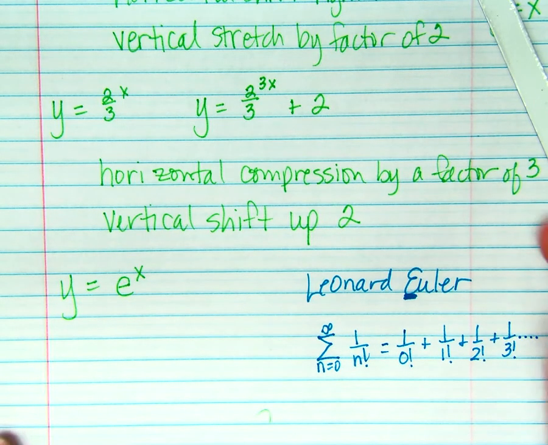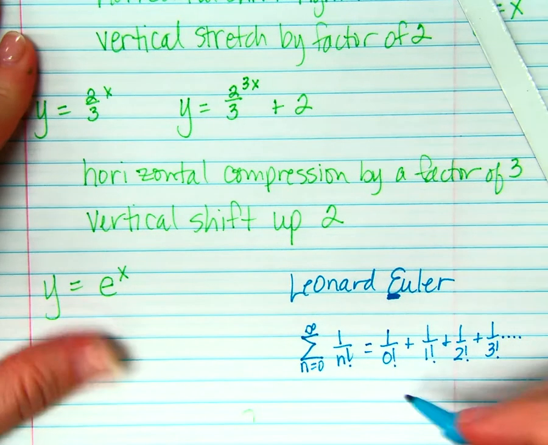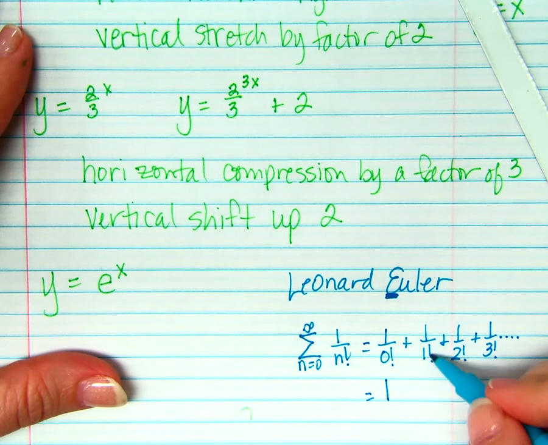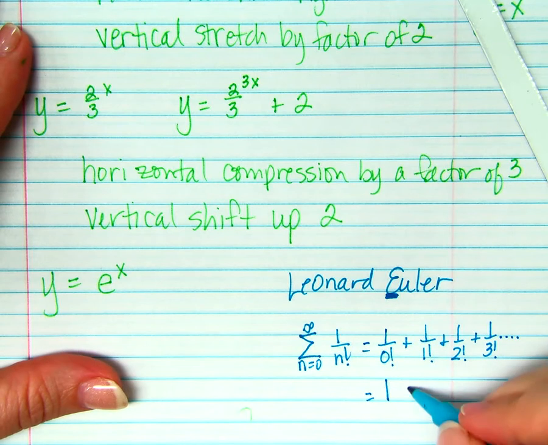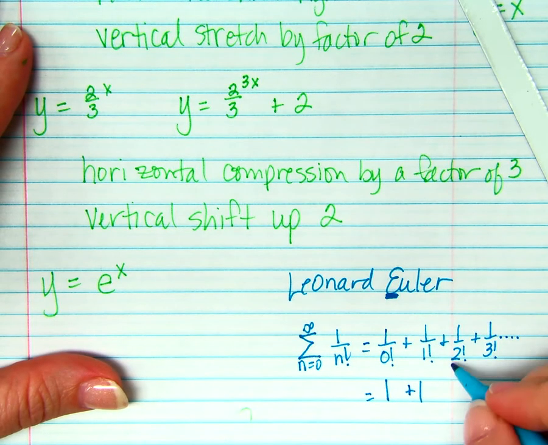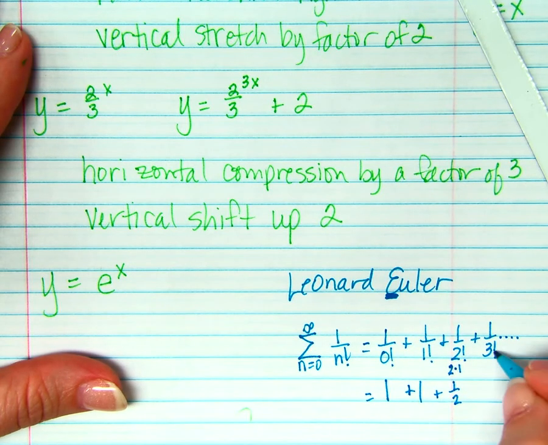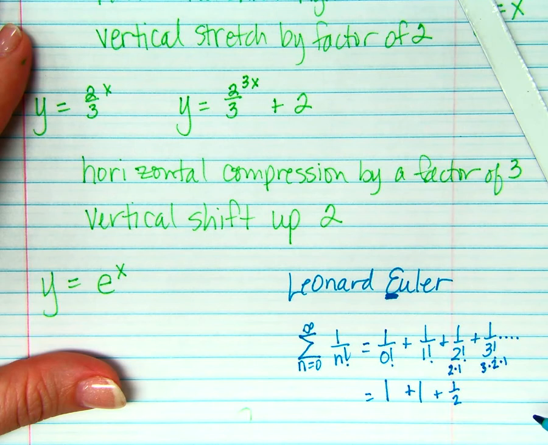Well, 0 factorial you just have to know is 1, so that's a 1. 1 factorial is 1, and I'll show you what it means in just a second. 2 factorial means 2 times 1, so that would be 1 over 2. 3 factorial is 3 times 2 times 1, so 1 over 6.